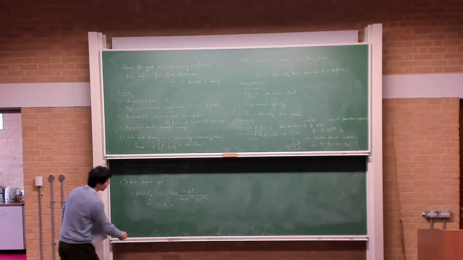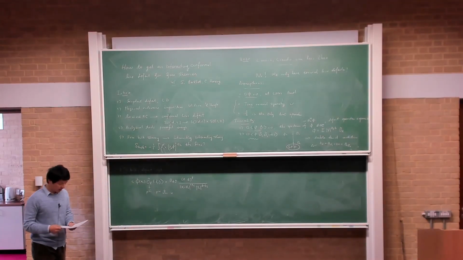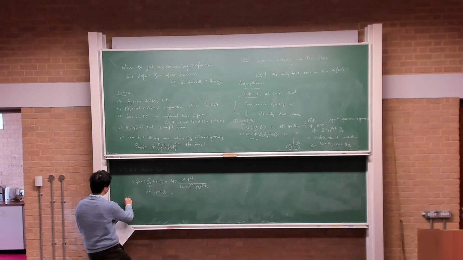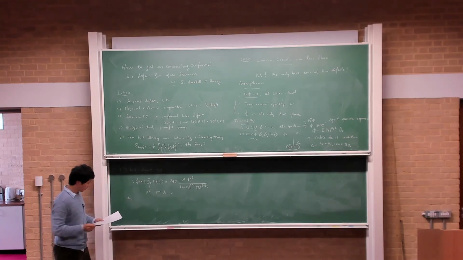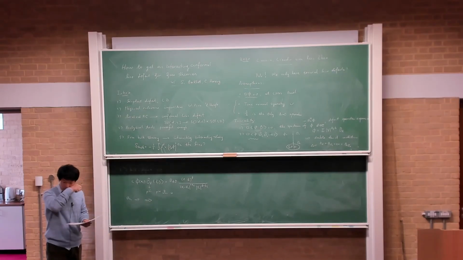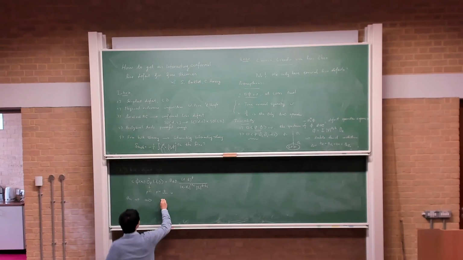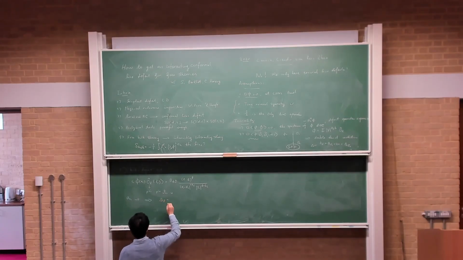And now if we require the equation of motion to be valid at the correlation function level, we have a constraint by solving this equation. And this gives us the following condition for the spectrum of the defect operators. It tells us that there are two solutions. The first solution is that this defect operator has the conformal weight equal to the conformal weight of the bulk scalar plus the transverse spin.